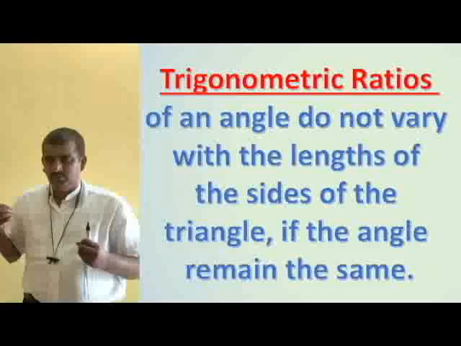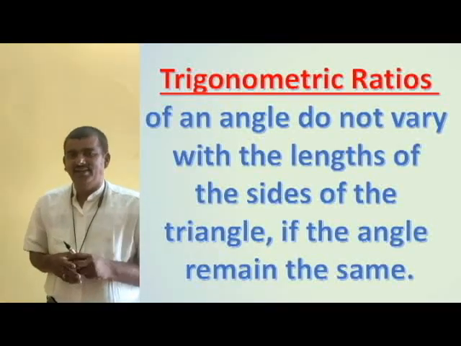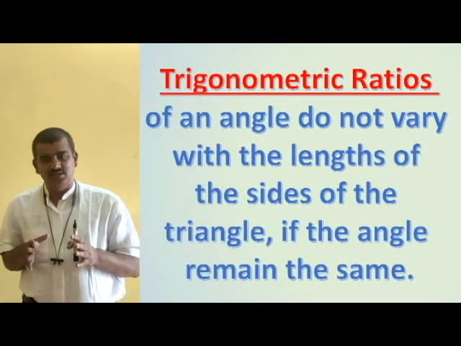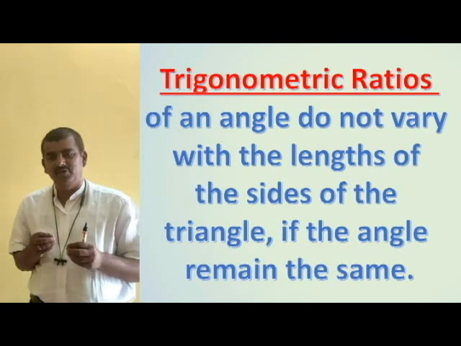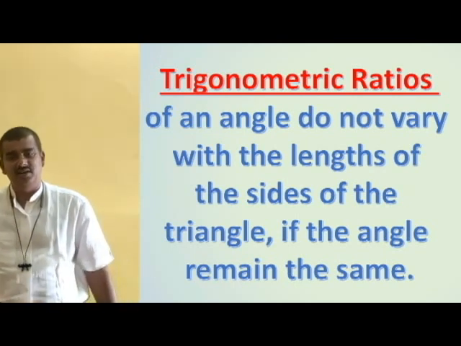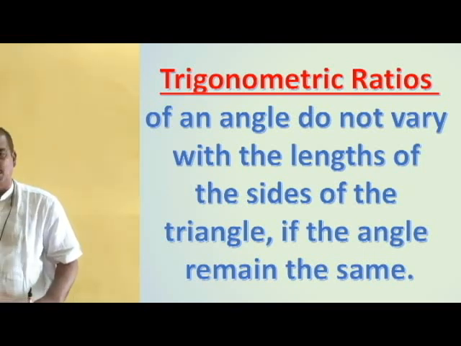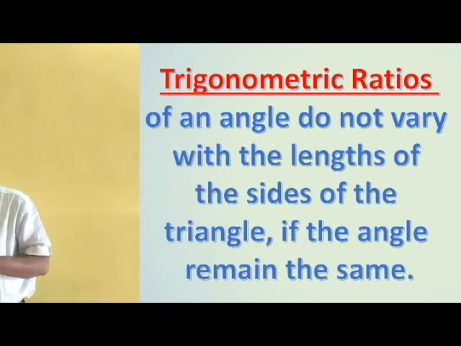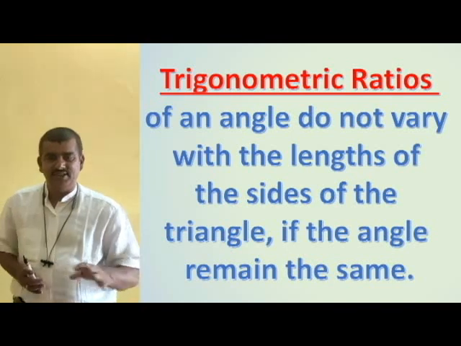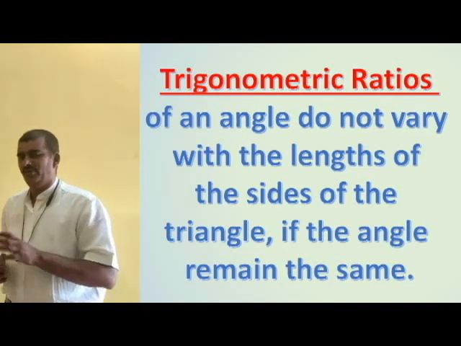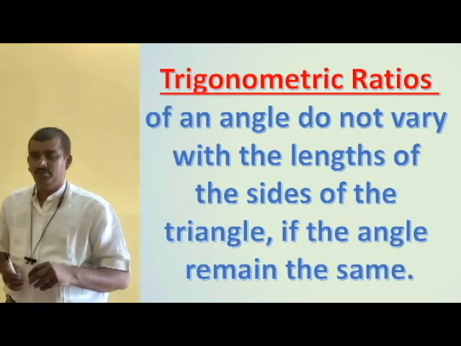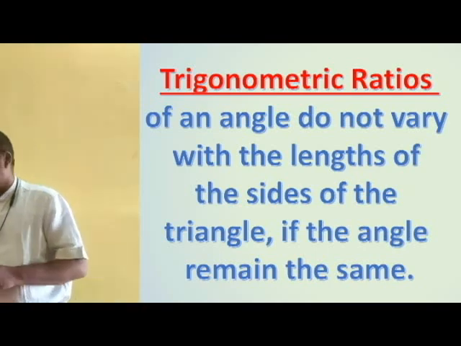Now the next thing which we studied was the property of trigonometry. If the length of the sides changes, there will not be any variation in the ratio. Trigonometrical ratios will remain constant if we vary the different sides. That also we studied as a property.